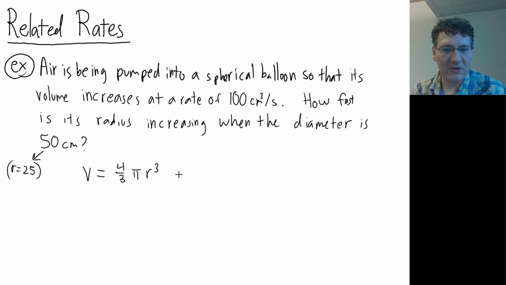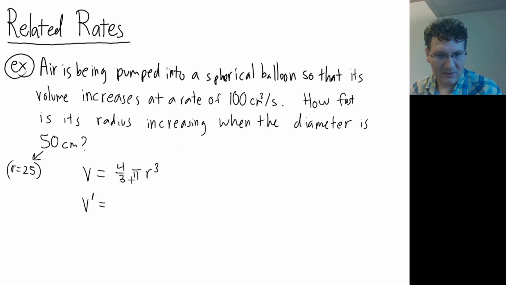And so what we're going to do is take the derivative of the volume with respect to time. We're going to do an implicit differentiation. And so we'll get V prime equals 4/3 pi times, by the power rule, 3r squared r prime.